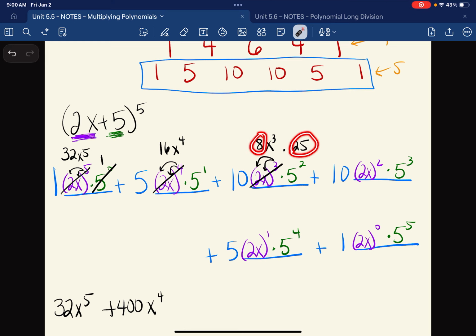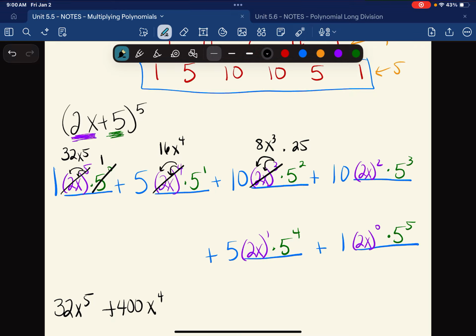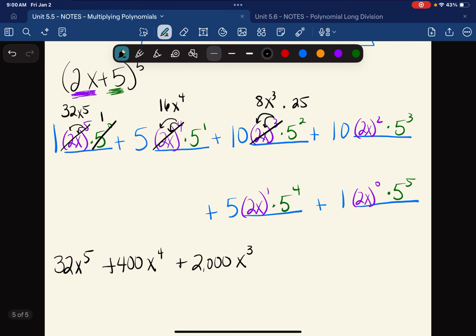If I have 8 quarters, how much money do we have? That's $2 or 200 cents. So we have 200 times 10. If we have 200 times 10, we just add another 0, and that gives us 2,000. So we have 2,000x cubed. What was I thinking giving us such large numbers?